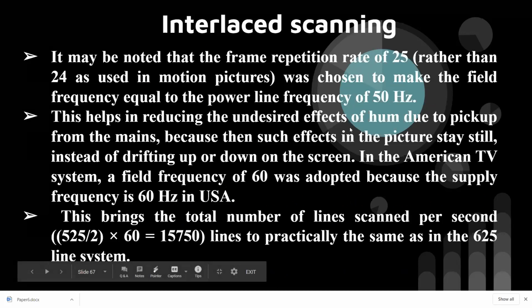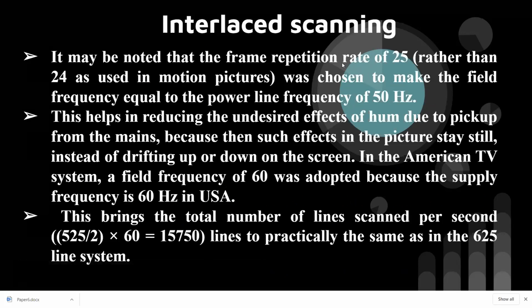So what is our conclusion? It may be noted that the frame rate of 25 was chosen to make the field frequency equal to the power line frequency of 50 Hz. This helps to reduce the undesired effects on the human eye due to pickup from various factors, so the picture stays stable instead of moving up and down.